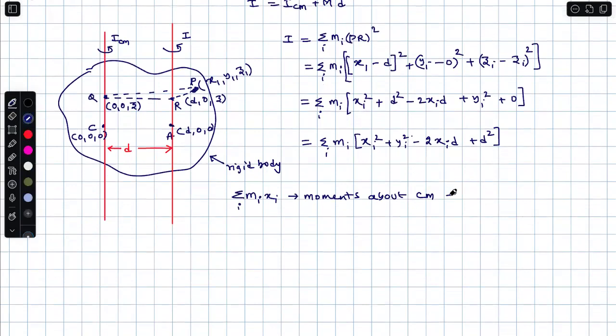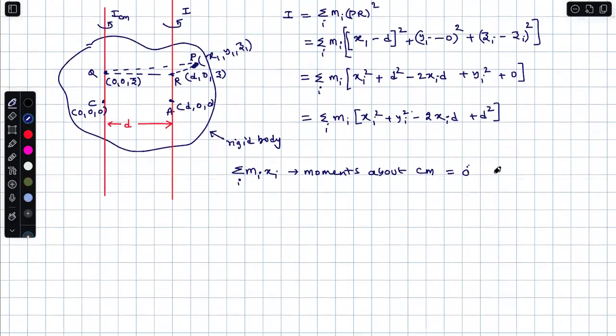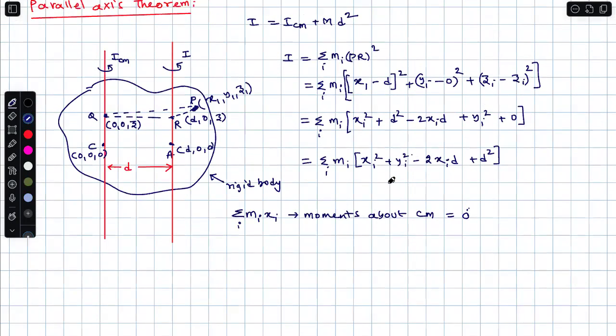The center of mass is fixed here, right? Therefore, the moment about the center of mass is equal to 0. We know this as per the characteristics of the center of mass. Now just tell me, do you have any doubt till this point?